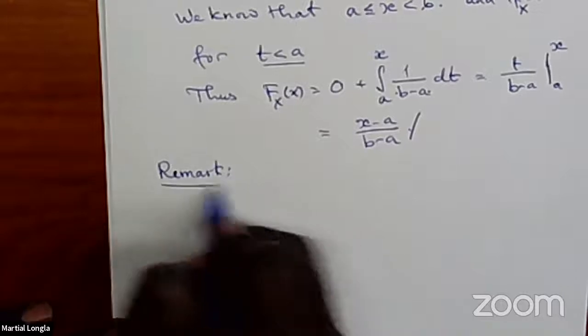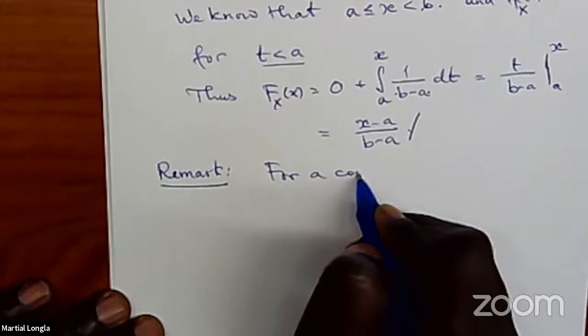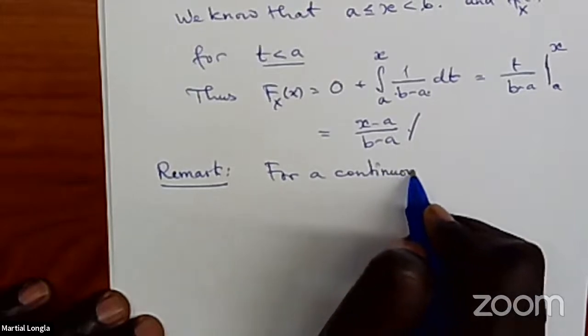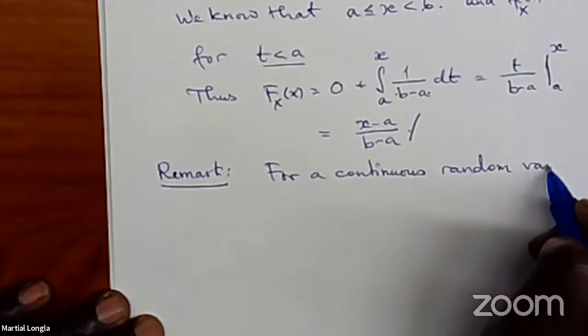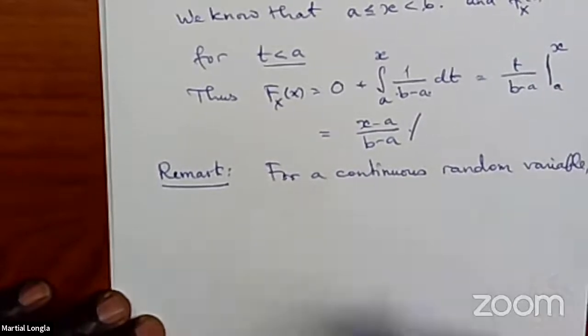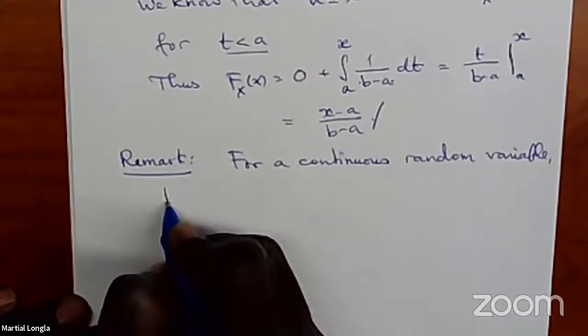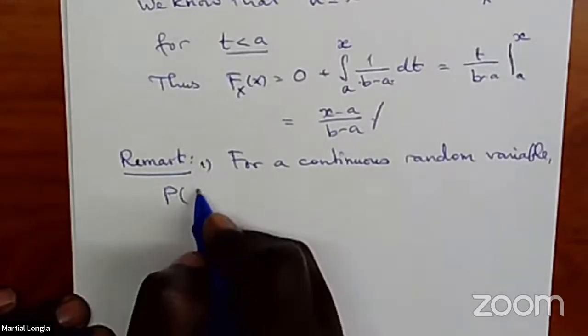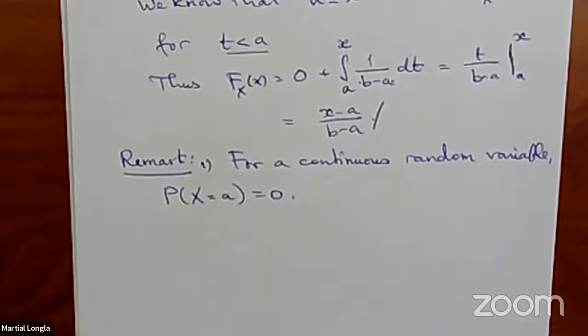Remark: for a continuous random variable, the probability that x is equal to a is equal to 0.